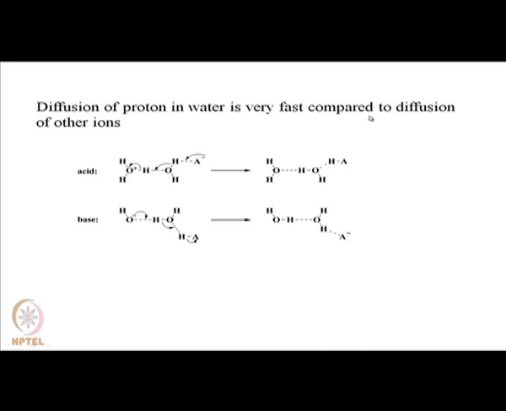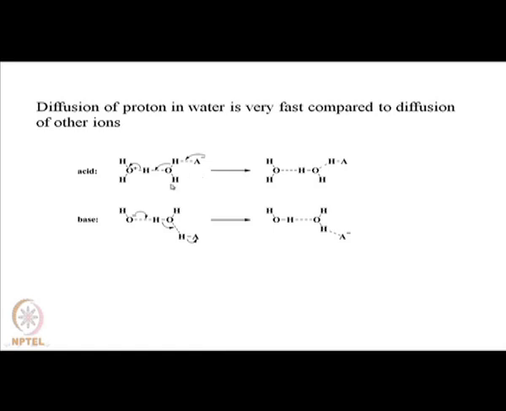But other ions are heavier, and because of solvation they also become larger in size. So, in order to diffuse from one position to another, they would require more time. That is why diffusion of proton in water is very fast compared to diffusion of other ions.